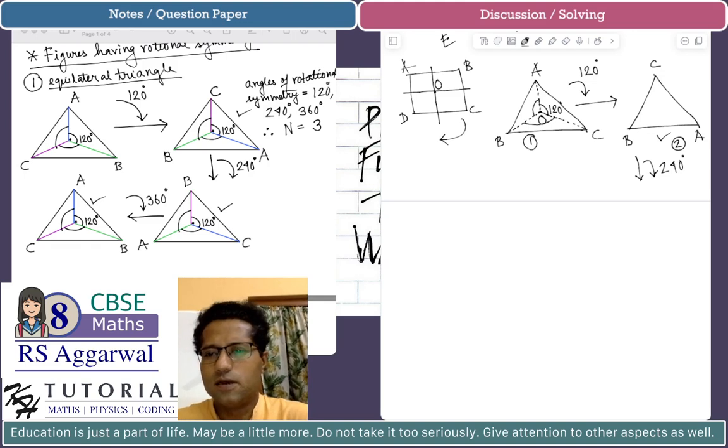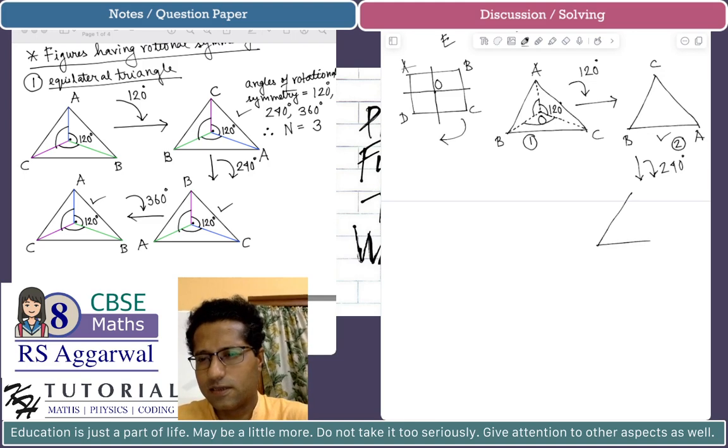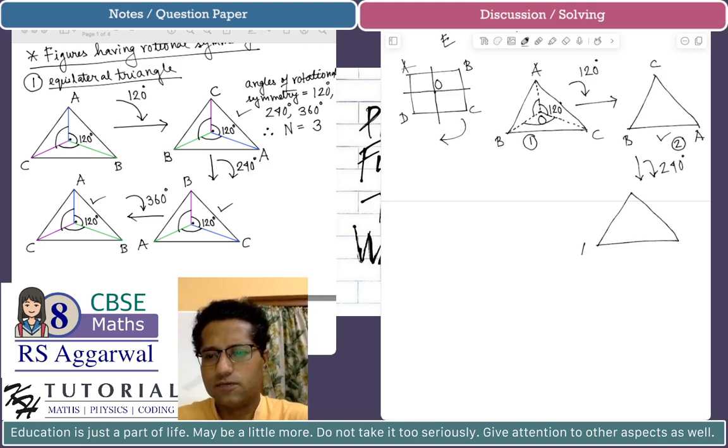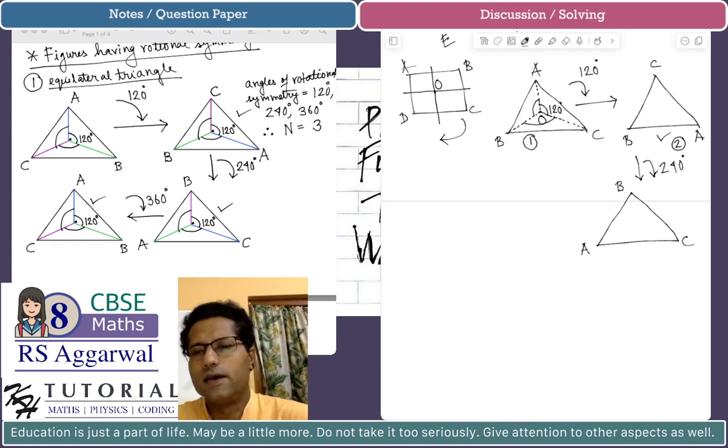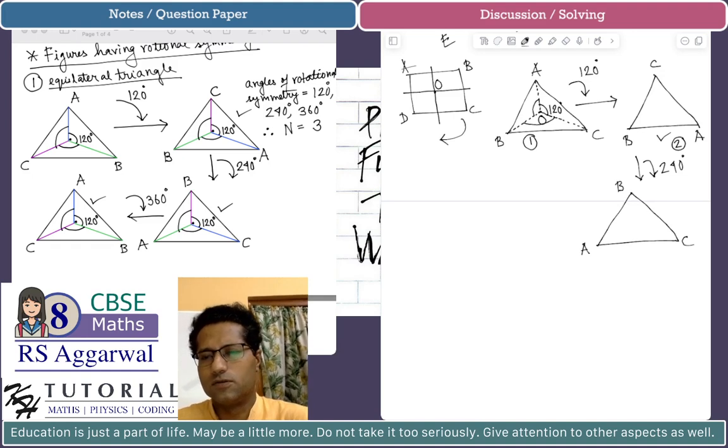So after this, the triangle will look exactly the same. But as you can see, the position of the vertices will change. This will become A, B, C, but it is looking exactly like the position and orientation of the triangle in the initial position, that is position number 1.